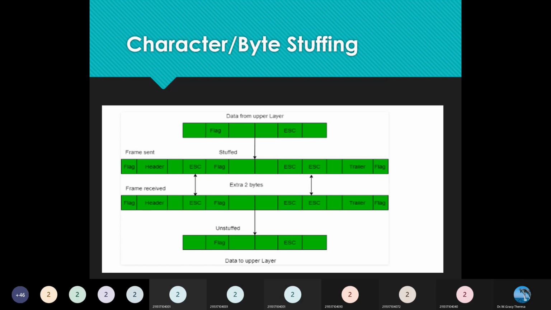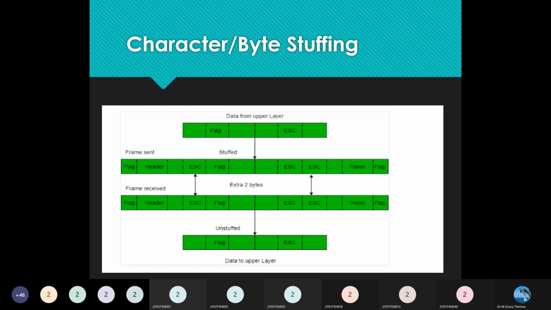But to indicate this is the starting of the frame and ending of the frame, as I said before, we have a flag. Suppose the data that is to be transmitted has a symbol the same as that of the flag, how does the recipient come to know that this is data, and not the indication that it is the end of the frame?